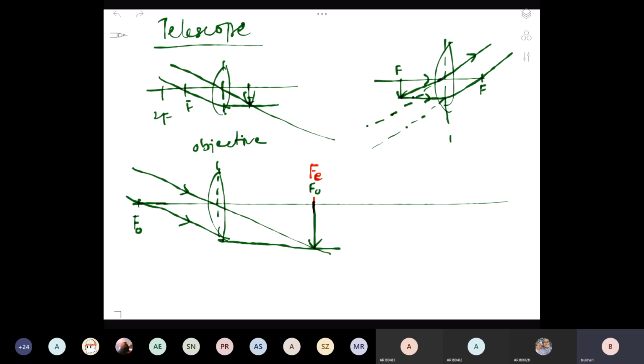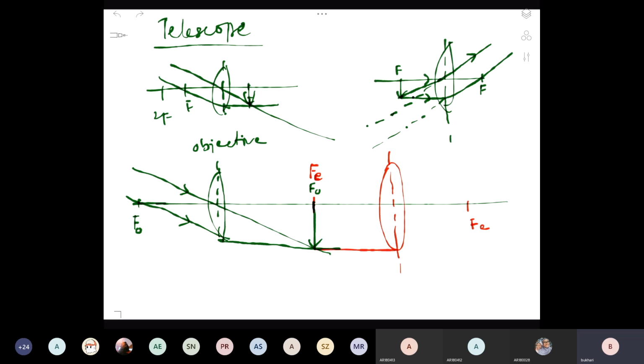What you do is you adjust the telescope. When you adjust the telescope, you have the biggest magnification. So at that particular situation, FE and FO are exactly on the same spot. So now we have lines here, and this is FE.